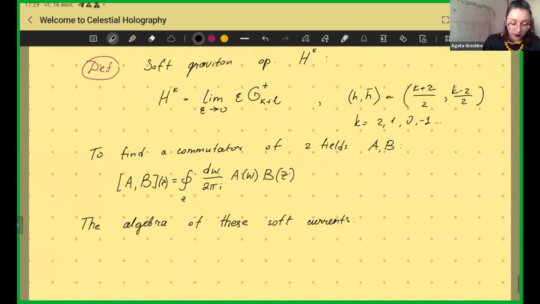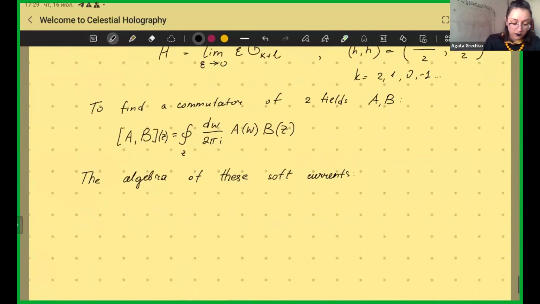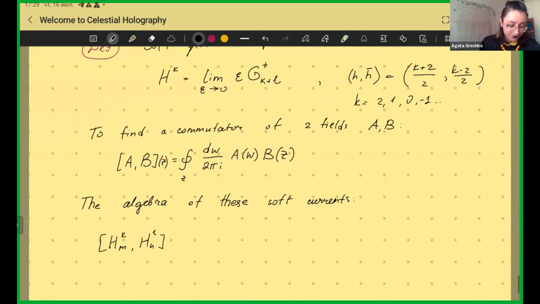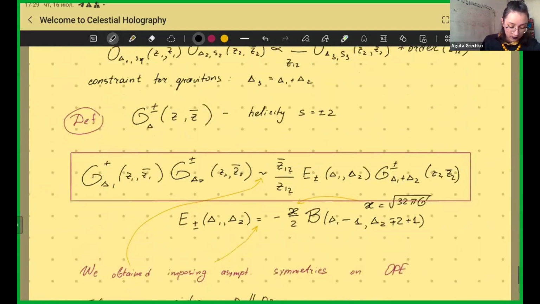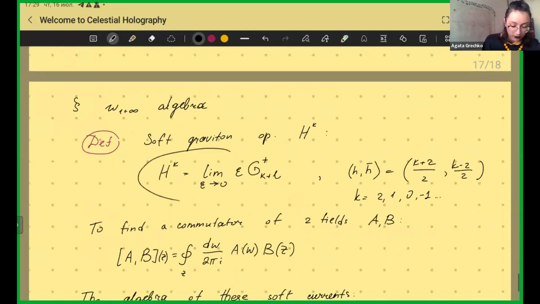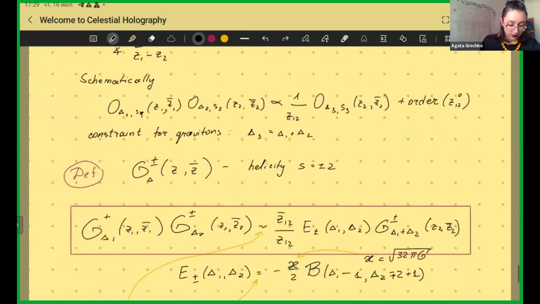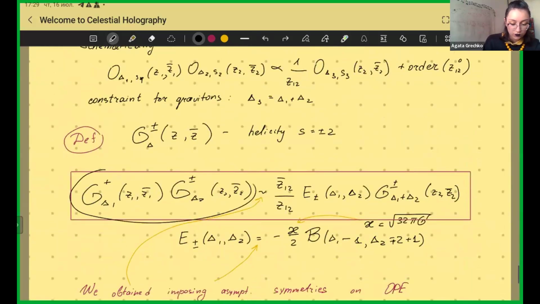If we just take the commutator of two modes of the soft gravitons, then we integrate, then we write down this limit instead of just taking two normal gravitons.